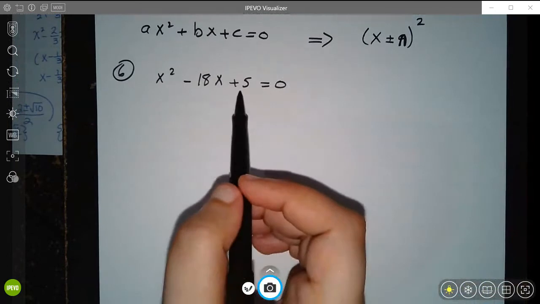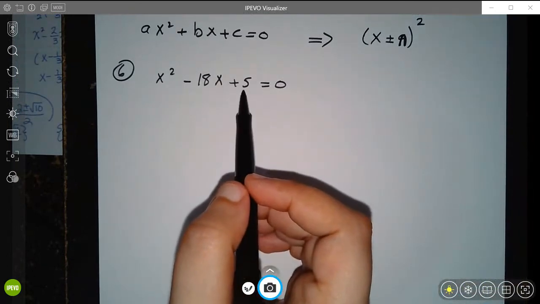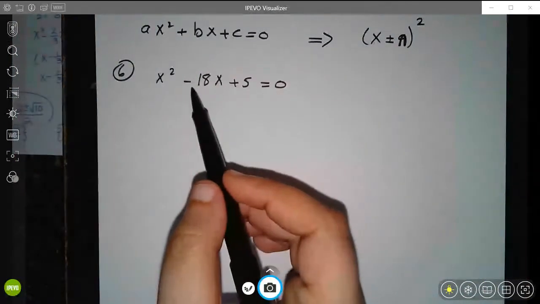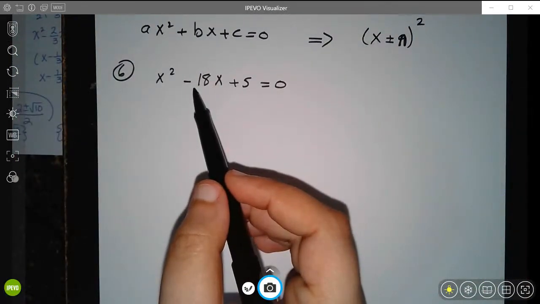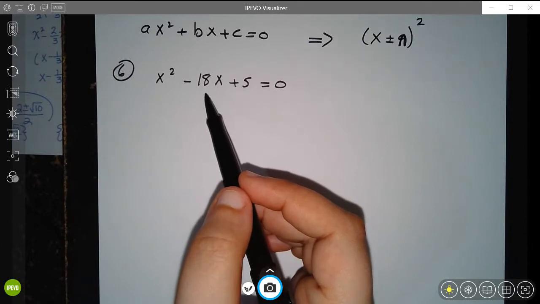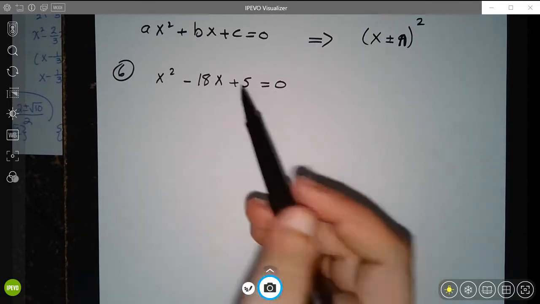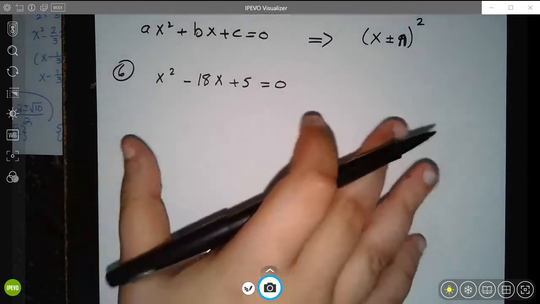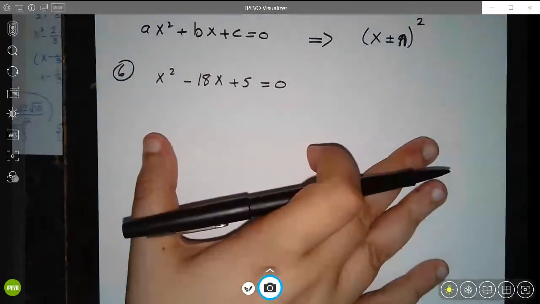For example, you have what? 5. So that's what? 5 and 1. It can only be 5 and 1. And yet the x is what? Negative 18? How is the addition between 5 and 1 giving you negative 18? Right? So sometimes it can be very tricky to do that. So when you encounter those equations, this form of solving can come in handy.